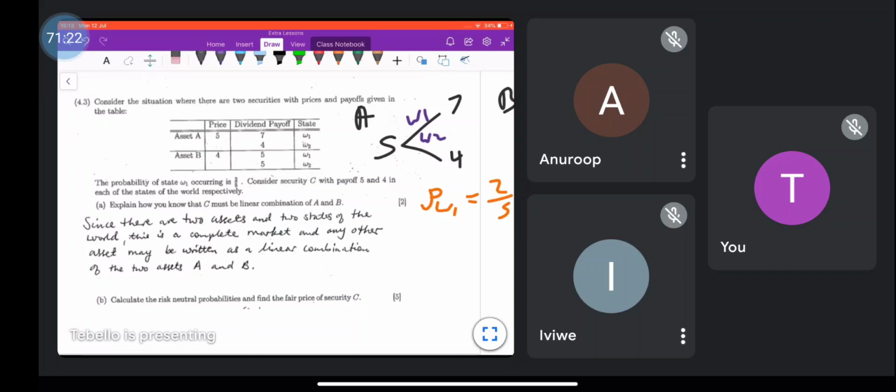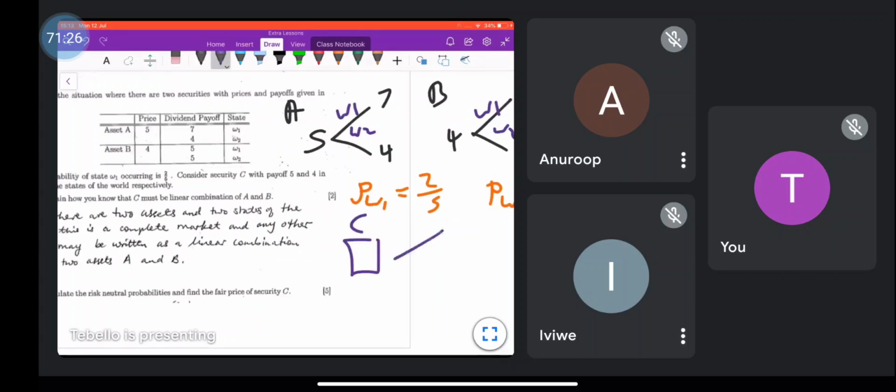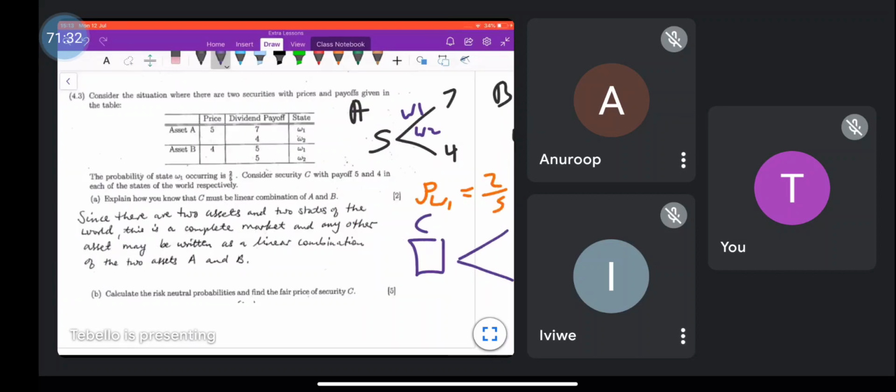We don't know the price for C, but they say that the payout is going to be 5 and 4. The question says to explain how you know that C will be a linear combination of A and B. It will be a linear combination of A and B because this is a complete market.